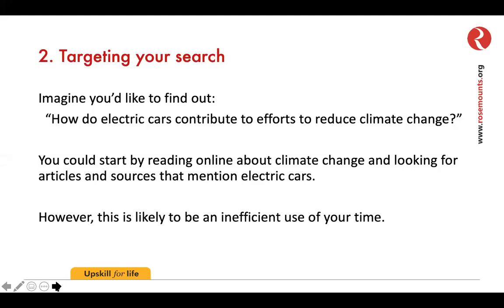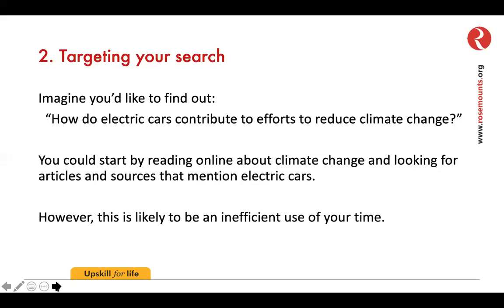We generally tend to start with more generalized statements or keywords when we are researching on Google, and over a period of time we start refining our keywords. So of course you start with broad, but what does broad actually mean? For example, you want to find out how electric cars contribute to efforts to reduce climate change.